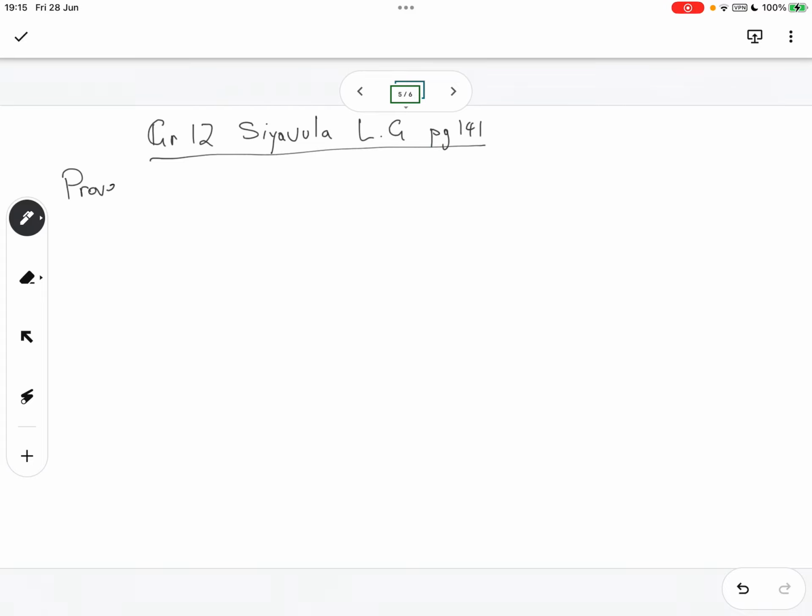So we must prove that sine squared alpha minus tan alpha minus cos alpha times tan alpha plus cos alpha equals cos squared alpha minus sine squared alpha over cos squared alpha.